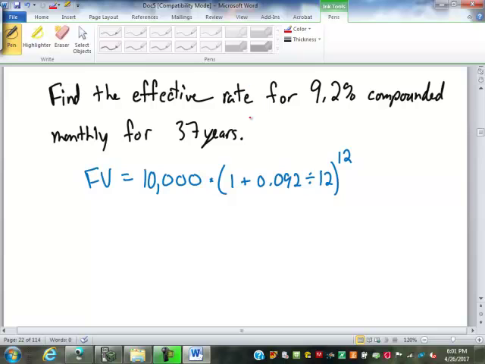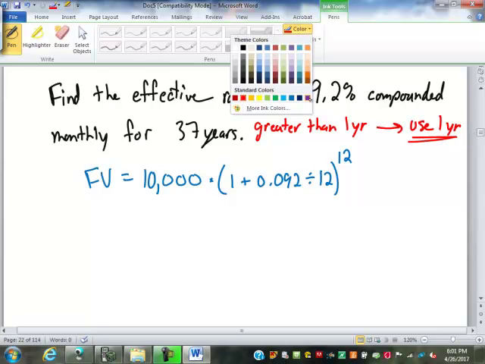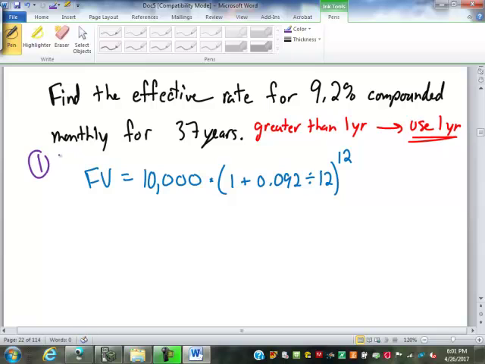If it's greater than a year, use 1 year. If it's less than a year, you use the actual time. So what we're doing here is step 1, which is finding the future value.